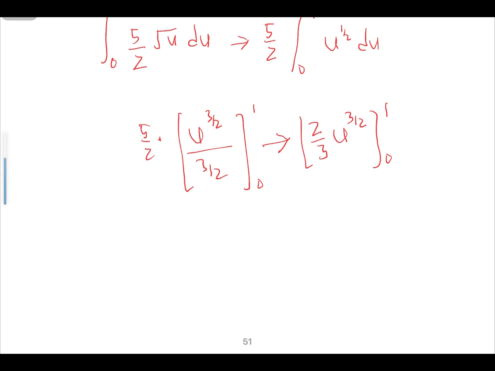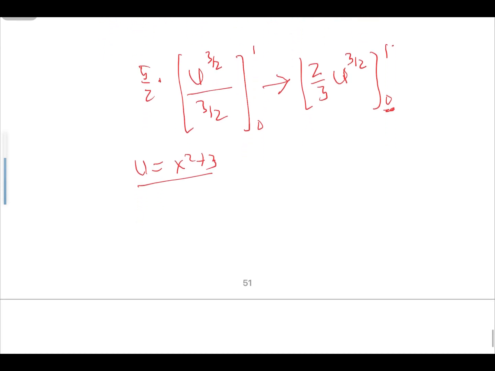If you want to use u directly by inserting the limits, then you need to do a bit of calculation, because our u equals x squared plus 3. Put those limits inside this function to get new values of u. I'm going to do that so that when we are done, I will use the other method for you.